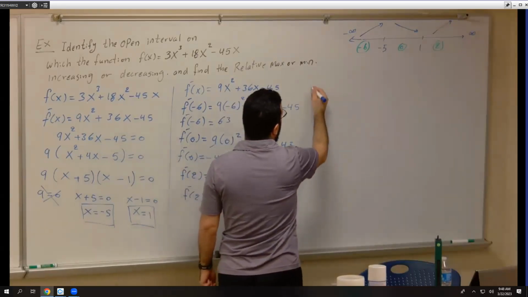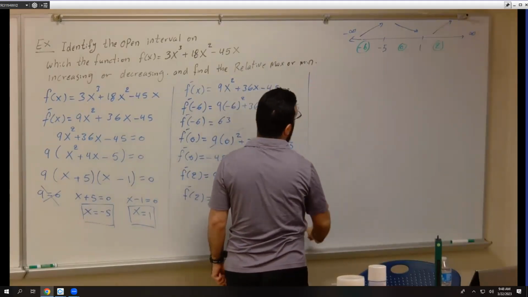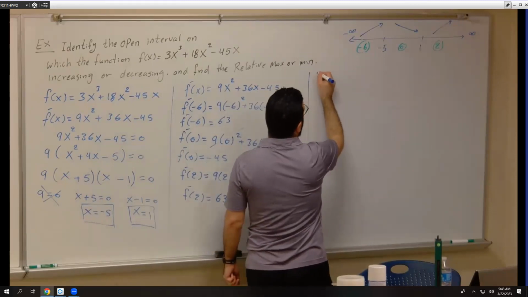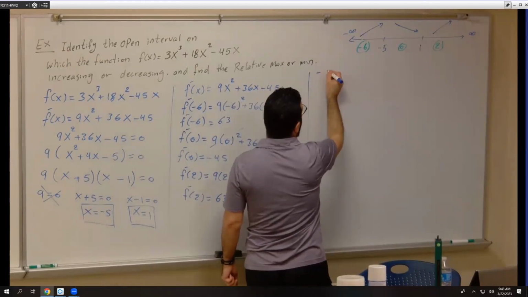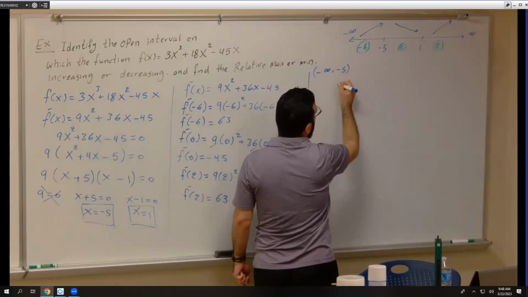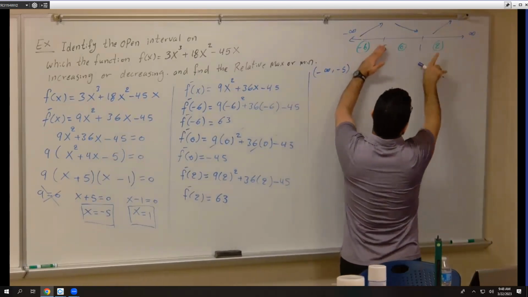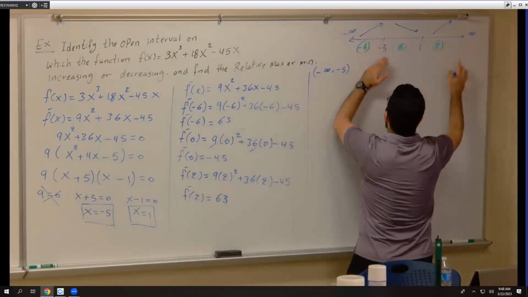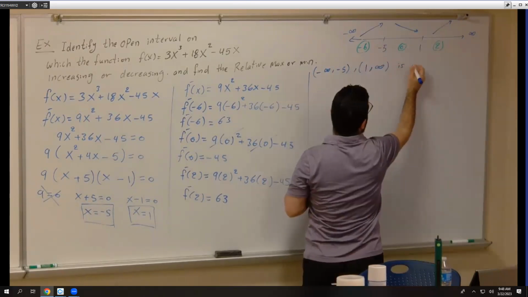So now we have the intervals: from -infinity to -5 is increasing, and from 1 to infinity is increasing.